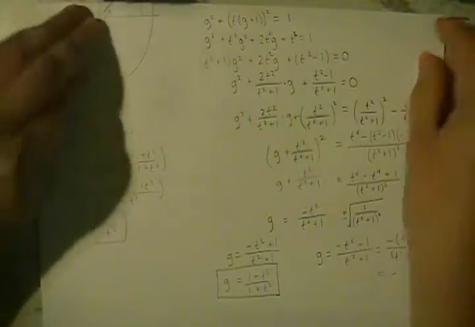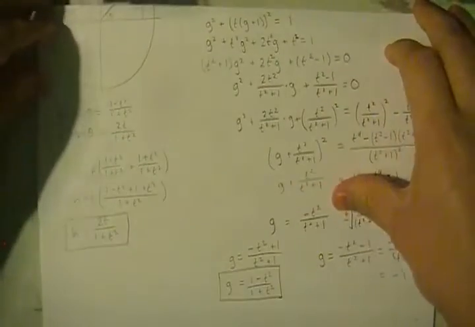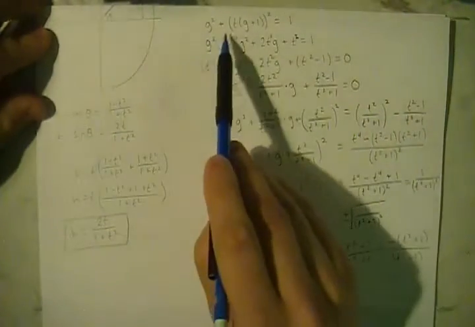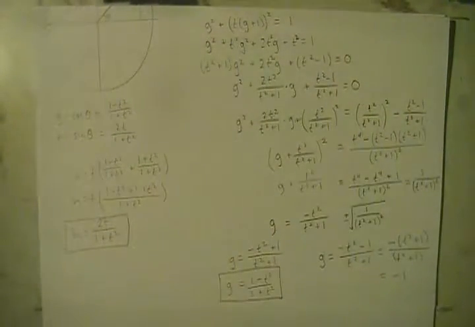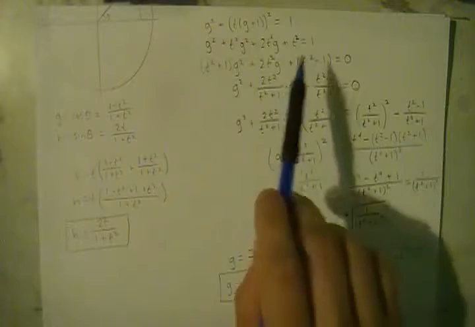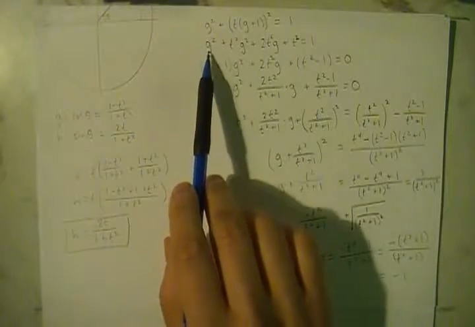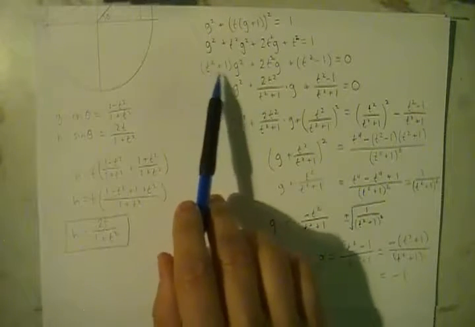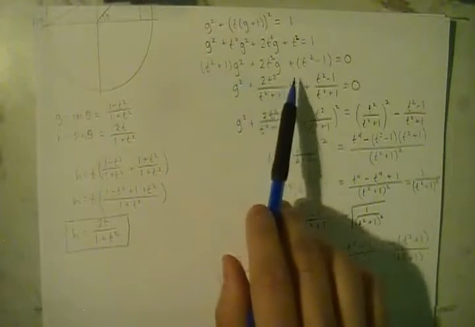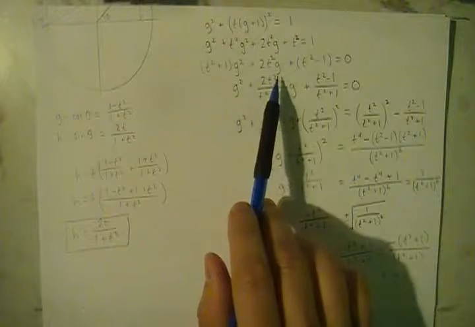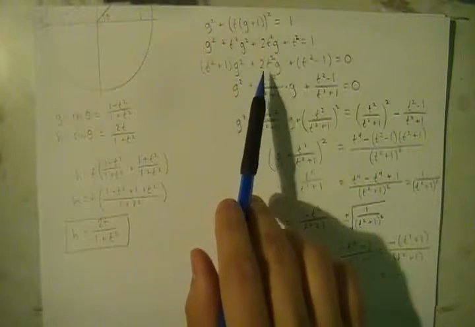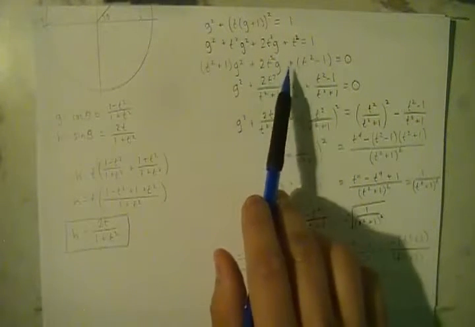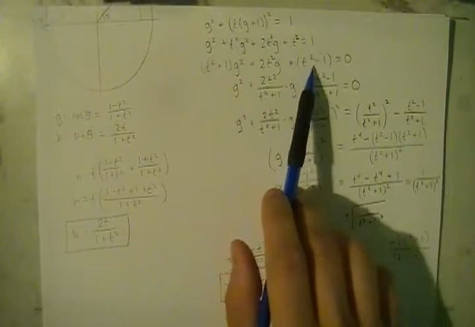solved that quadratic equation. So here we have what I just wrote, g squared plus t times g plus 1 squared is equal to 1. And then we have a quadratic equation in g. So I can isolate our g squared term here, and then we have that multiplied by some other t term here, and then we have a single g to the first power here, multiplied by another t term, and then plus this term there.